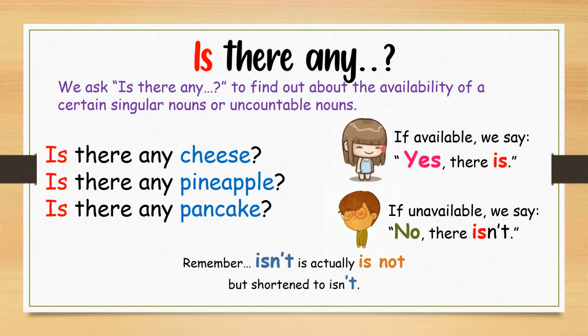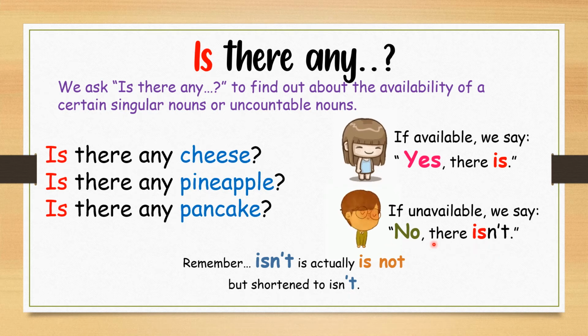Okay? Now, what about if they don't have the thing that we're asking about? It is not available, or unavailable. So we would answer no. For example, is there any cheese? But they do not have cheese. So we answer no, there isn't.